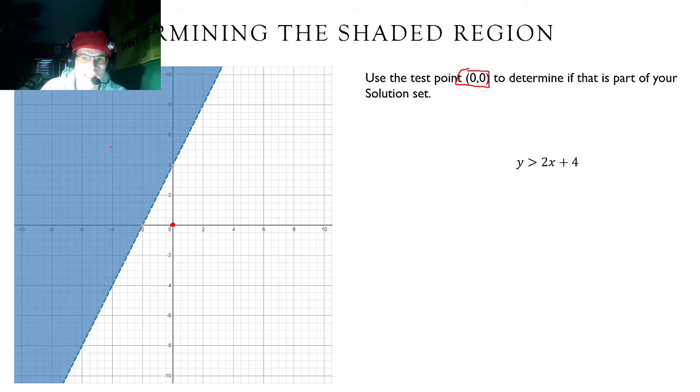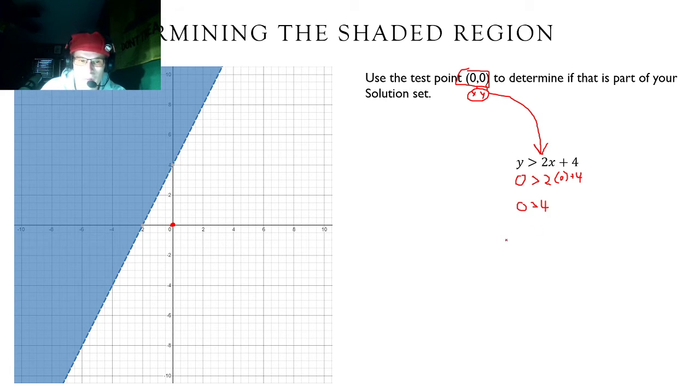But the way I would determine that for sure is I would substitute my x and y coordinates, that's being 0 and 0, into my inequality, okay? So let's do that real quick. Y equals 0, greater than 2 times x, which is also equal to 0, plus 4. So if I were to solve this, 0 is greater than 4.